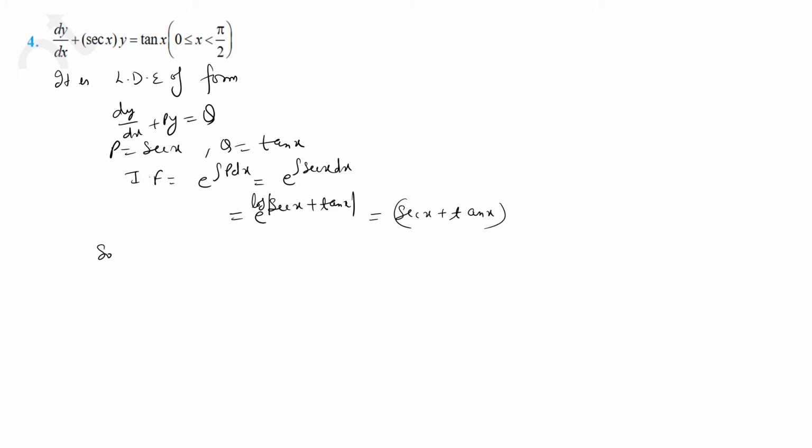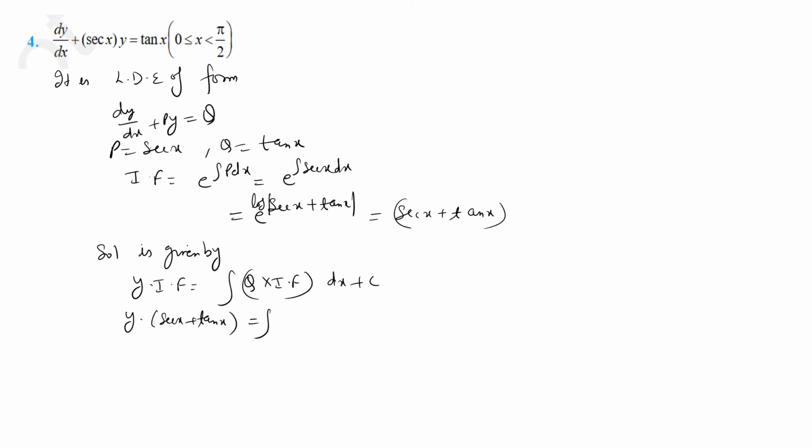So we will just get the integrating factor as secant x plus tan x. Now the solution is given by y into integrating factor is equal to integral of Q into integrating factor times dx plus c. So y into (secant x plus tan x) is equal to integral of Q, which is tan x, into (secant x plus tan x) dx plus c.